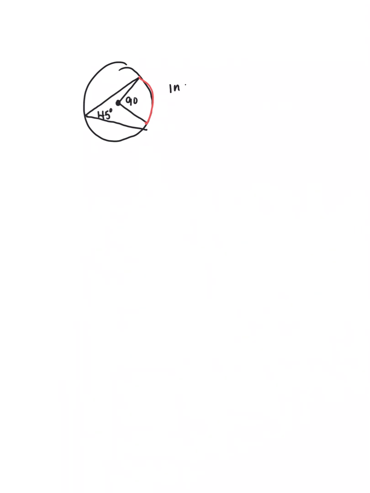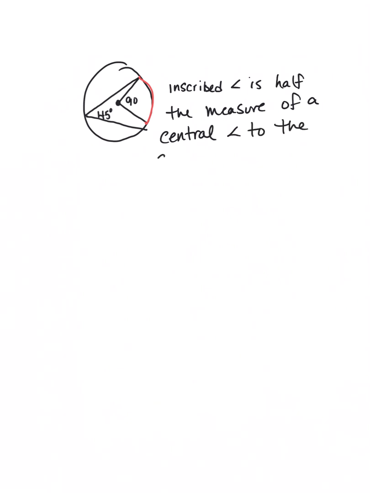An inscribed angle is half the measure of a central angle to the same intercepted arc. Eventually, all these facts will become part of our reason bank.